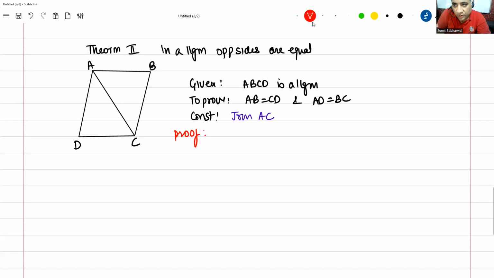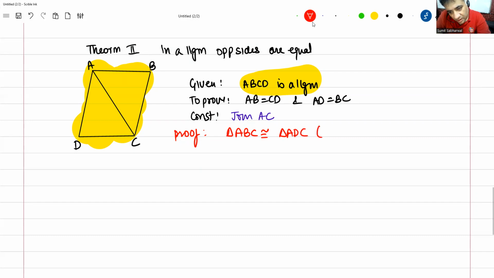Now, if we look into these two triangles, what do we see? The given thing is that ABCD is a parallelogram, and as per our first theorem, a diagonal divides a parallelogram into two congruent triangles. So we can say that triangle ABC is congruent to triangle ADC.